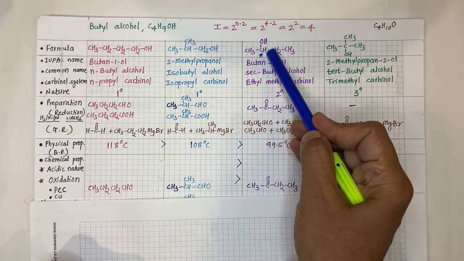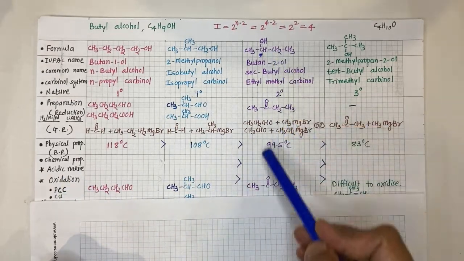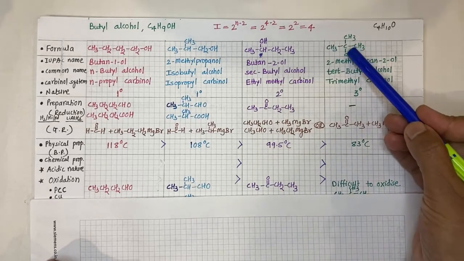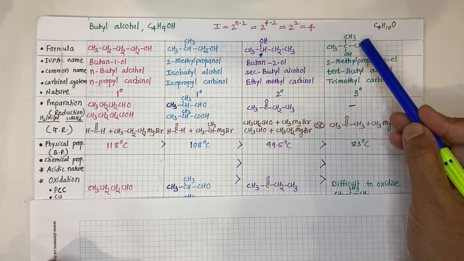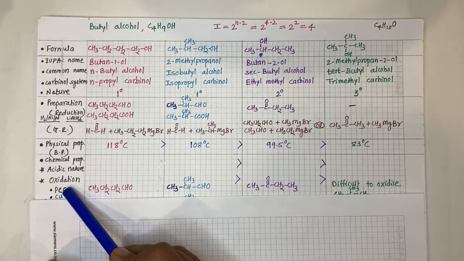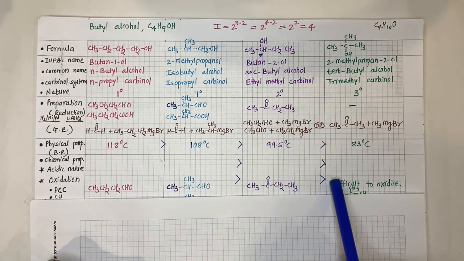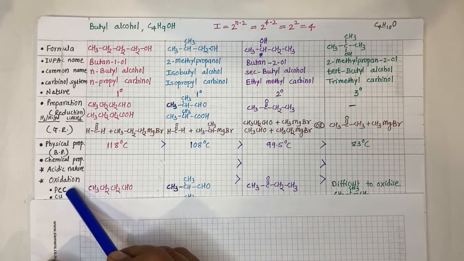While this is a secondary alcohol, on oxidation with PCC or copper, it gives a ketone. Now this is a tertiary alcohol, therefore on oxidation with PCC, that is pyridinium chlorochromate, it is difficult to oxidize. It cannot be oxidized by using this.